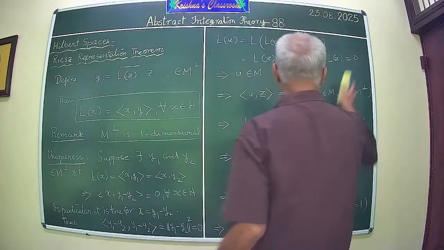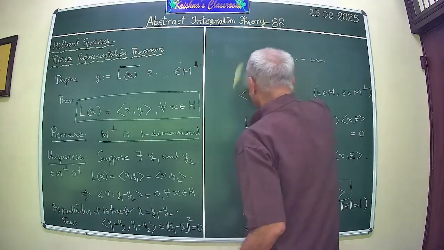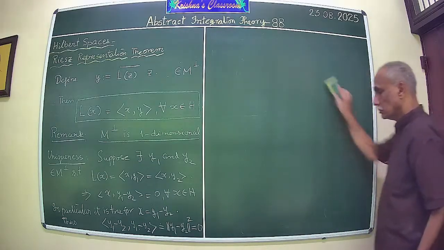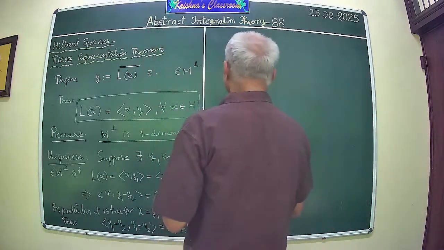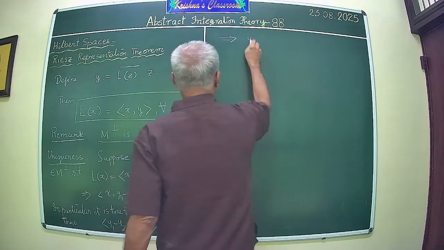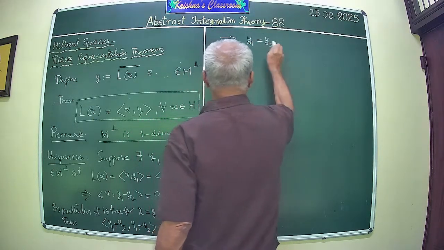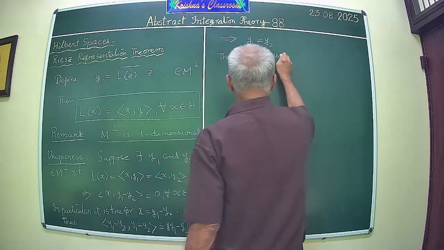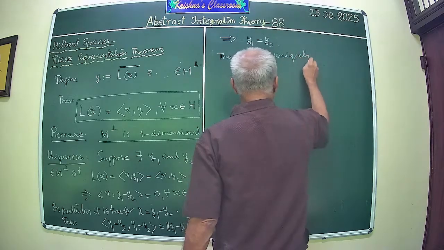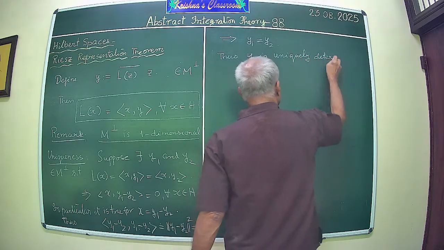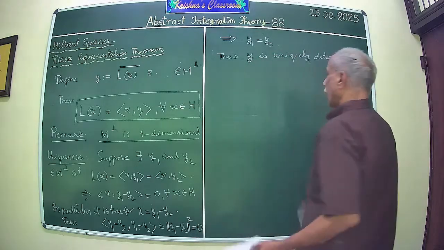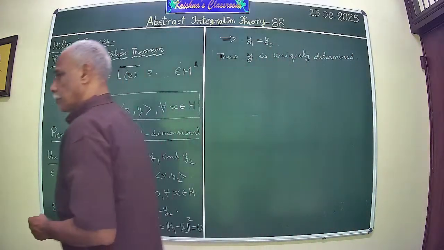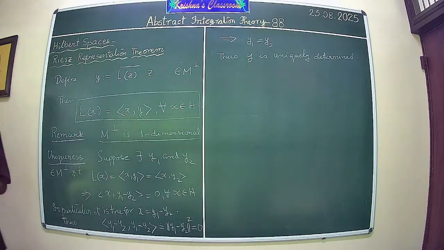And that in turn implies the representing vectors are equal. If L is identically zero linear functional, then the representing vector is zero.